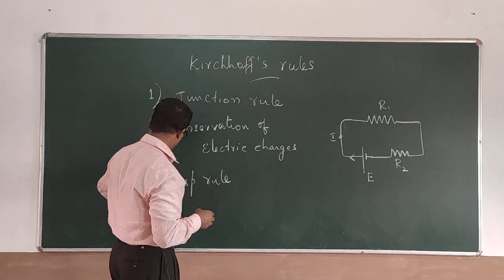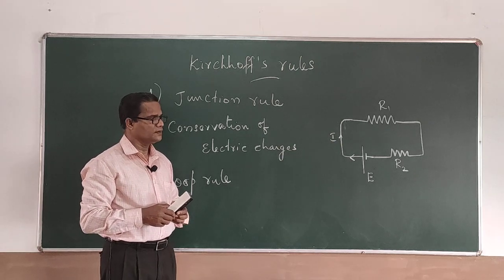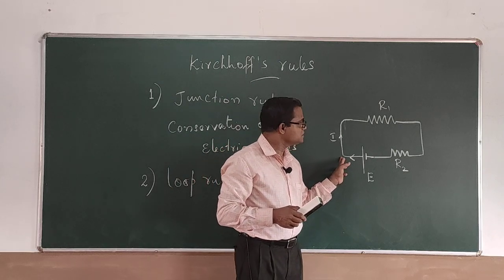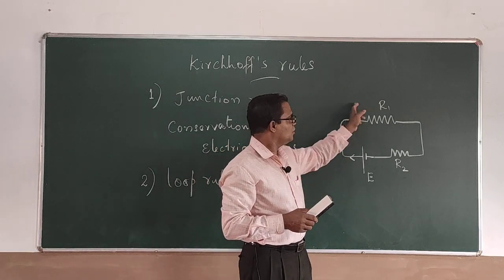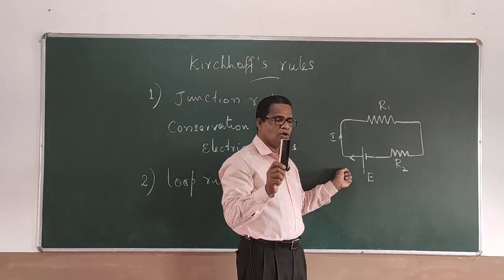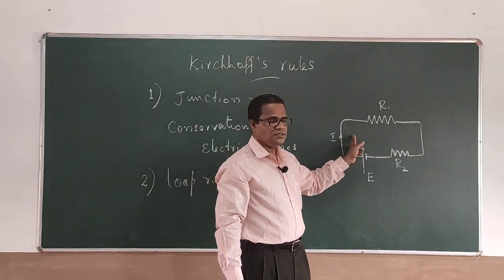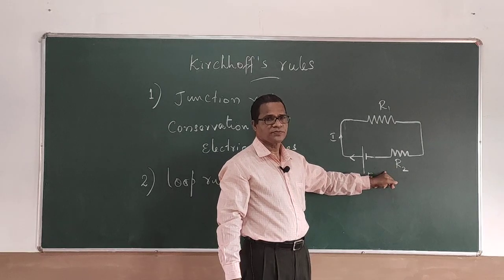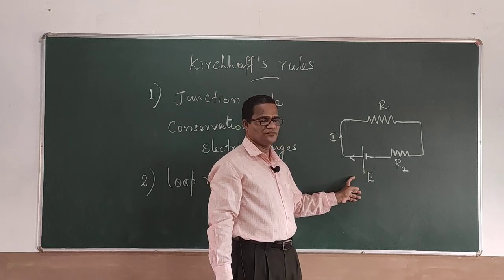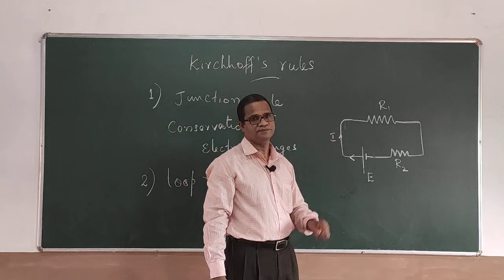Now, to define that rule, we can take it like this: in a closed circuit of resistances and an EMF, the algebraic sum of the product of current and resistances will always be equal to the algebraic sum of the EMFs connected in that closed path.